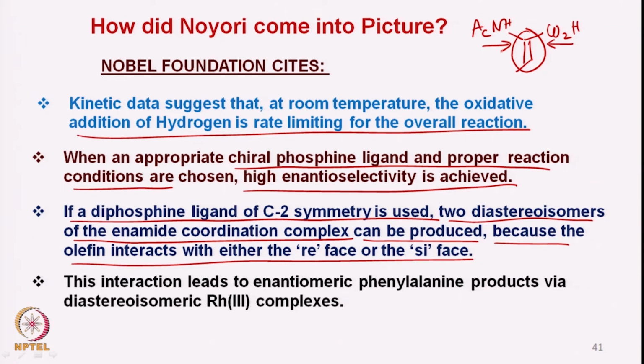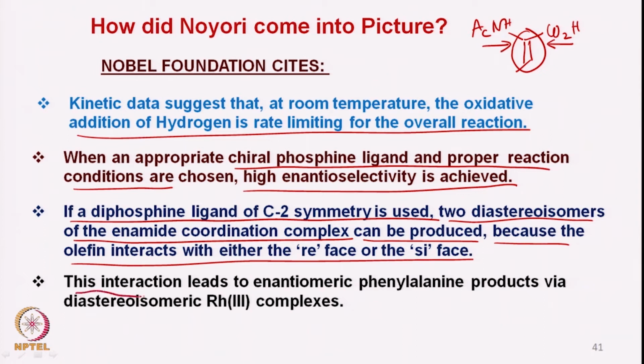The two of them should have a large gap, and then we can get the corresponding enantiomeric purity through a diastereomeric transition state.